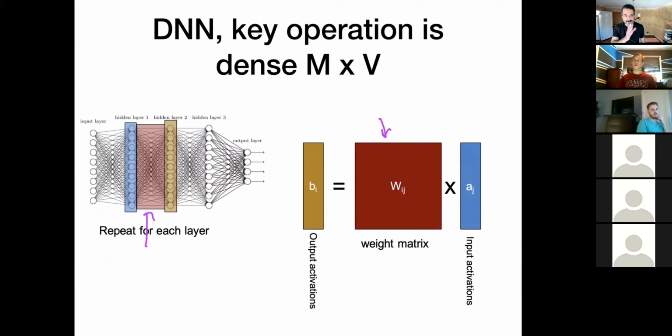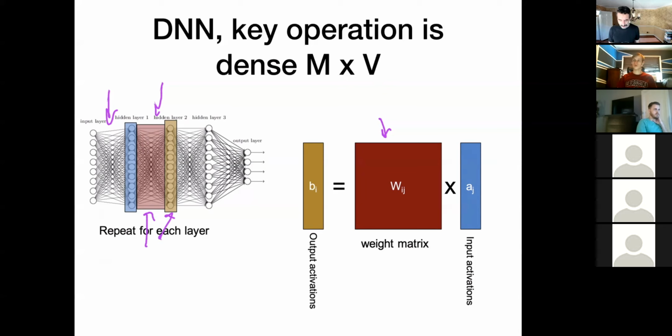When you move from one layer to the other, you need to again retrieve 16 million or even more, because this is typically bigger, weights from your RAM, which are totally different.